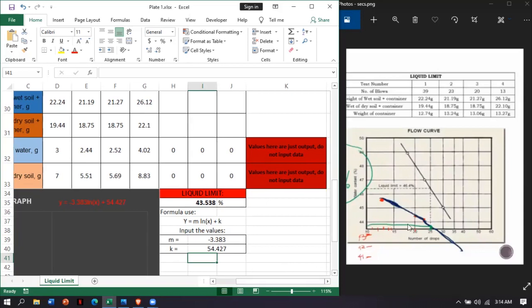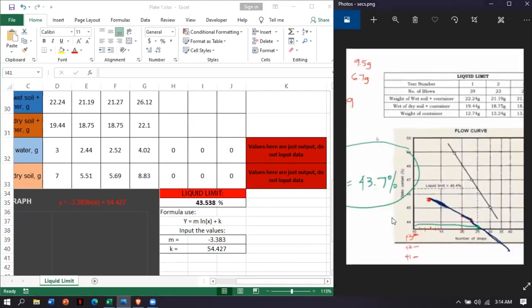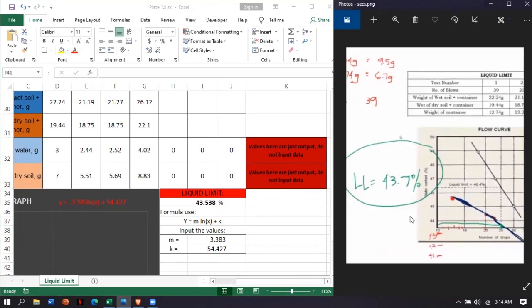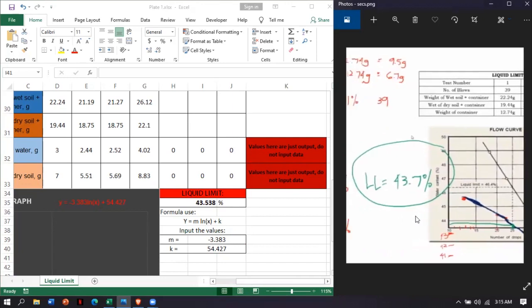We compare it with the assumption in the example, where the liquid limit is 43.7%.